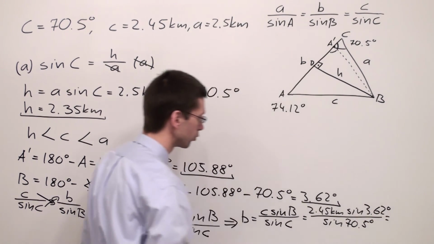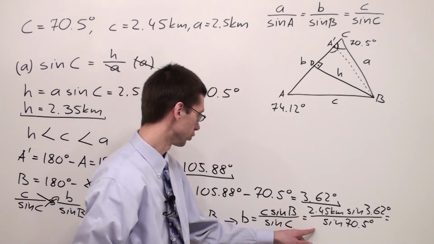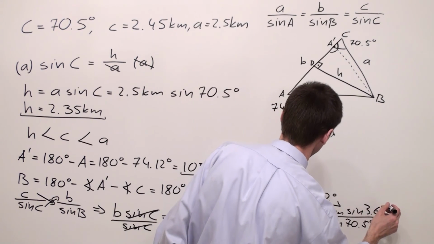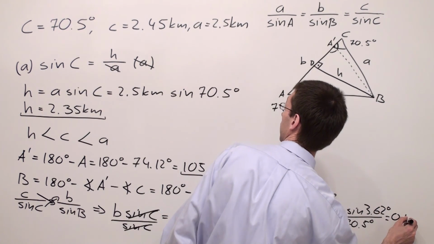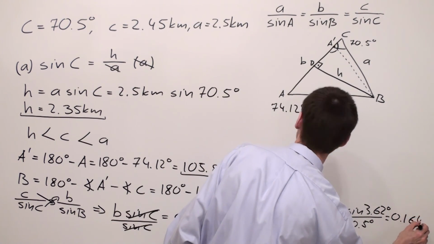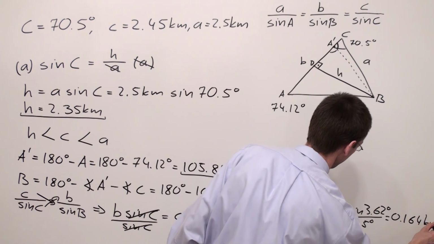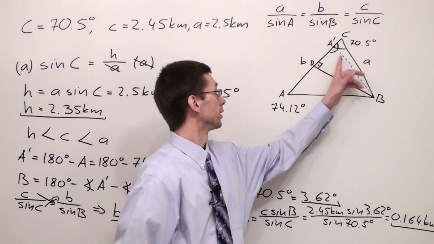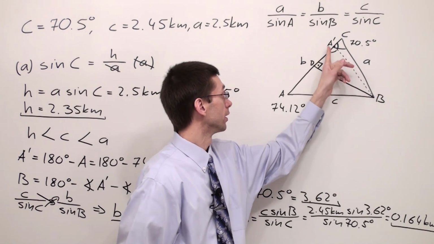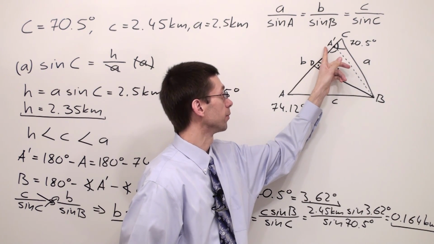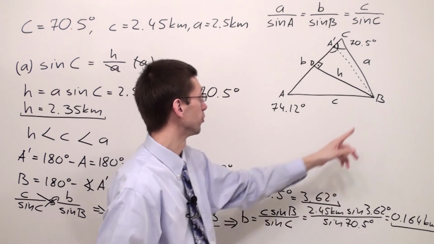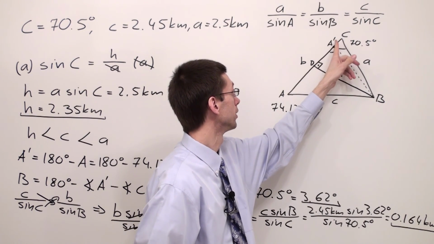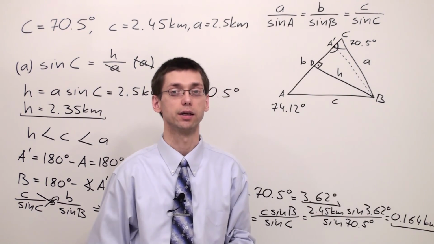Plug these values into the calculator and you're supposed to obtain the value of 0.164 kilometers. Okay, so we found the second triangle: we found angle A prime, we found angle B, and we found the new length of side B. So we can say that the problem is solved.